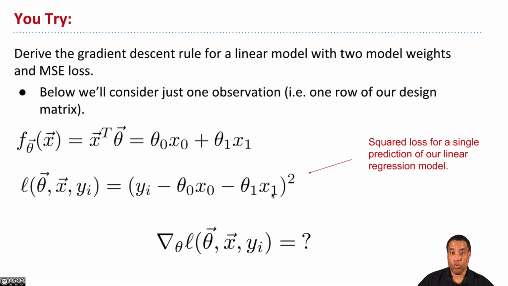So what is going to be our gradient? Pause the video and see if you can write out what the gradients will be. Here's a hint: column vector, 2 elements.